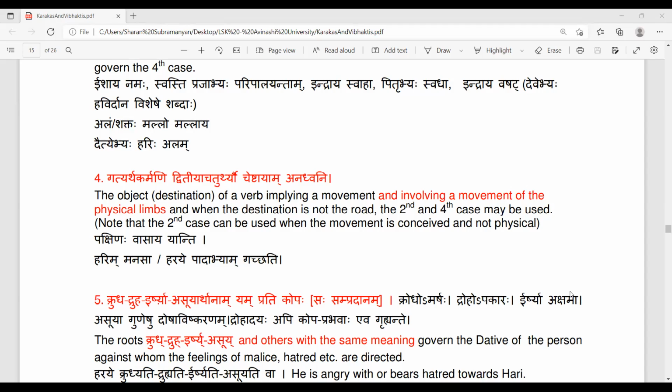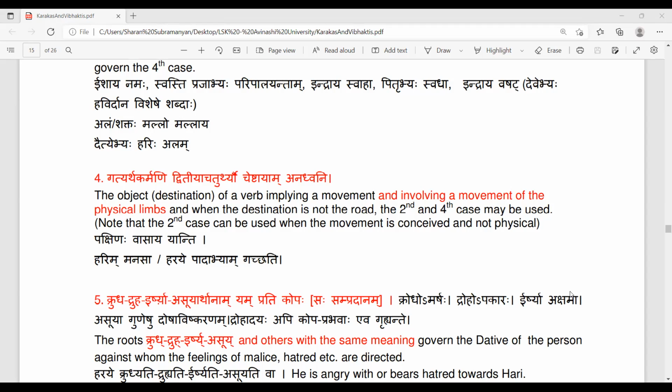Harim Manasa. Haraye Padabhyam Gachati. Haraye Padabhyam. The road is not the destination. That is Anadvani. The road must not be the point of reach, must not be the destination. So in that case, Padabhyam.